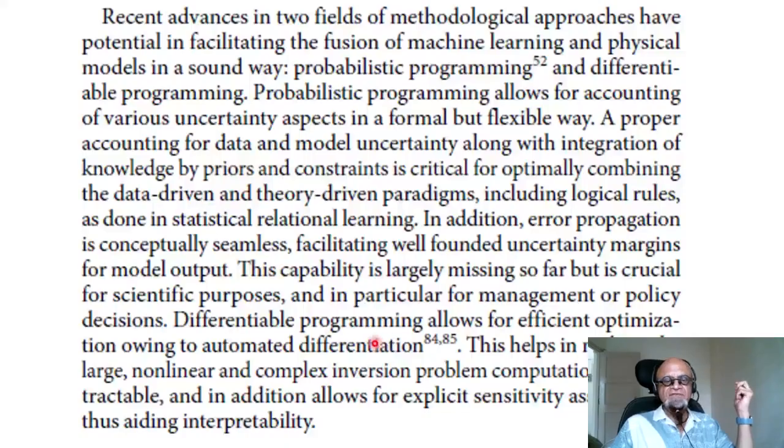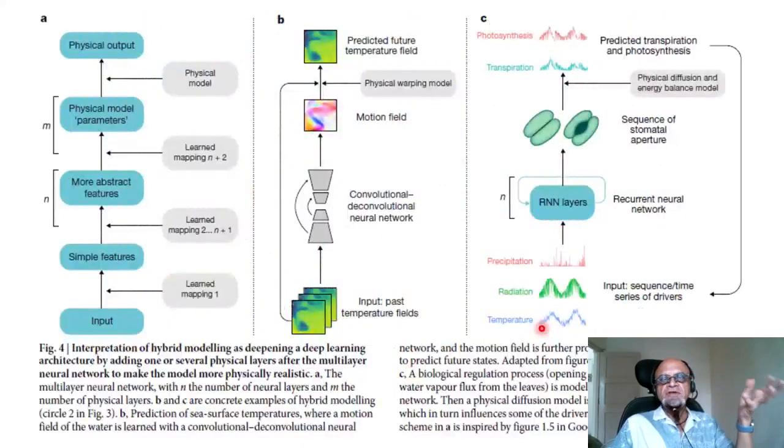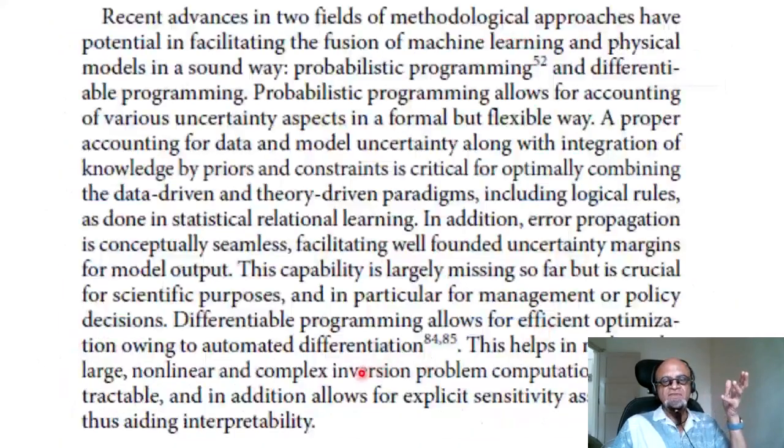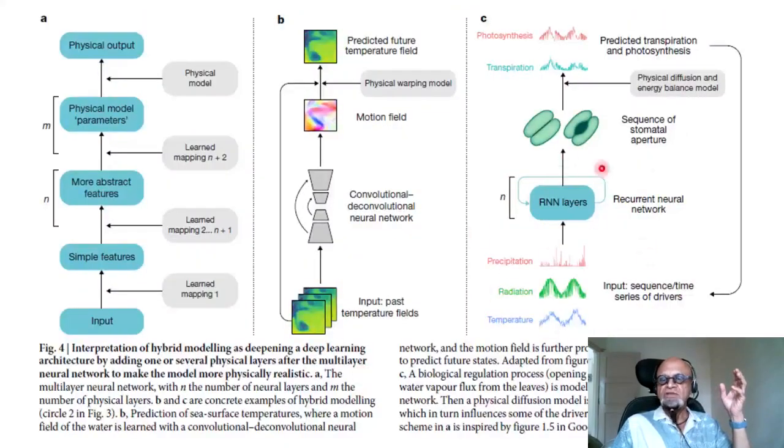Basically, when you say complex inversion problems, nonlinear complex inversion problems, every time you have data and you are doing deep learning and trying to get a data-driven model, let's say, or if you are doing data assimilation and trying to blend models with data, which is another way of thinking about this, then there is always large inversion operators involved, but in this case it doesn't have to be real physical matrix inversion, but you know that you are dealing with lots of data in these recurrent neural network type or convolutional deconvolutional neural network and so on.